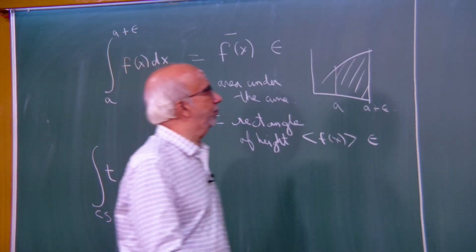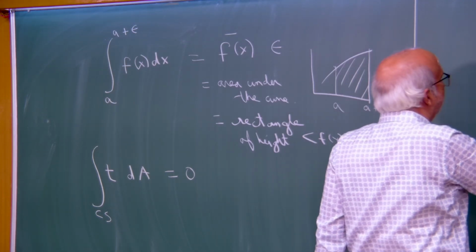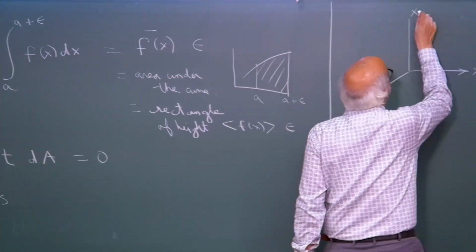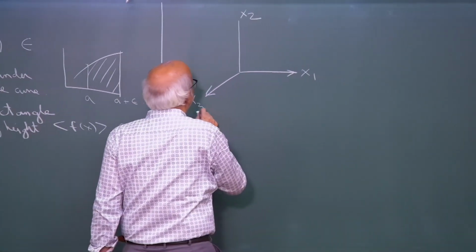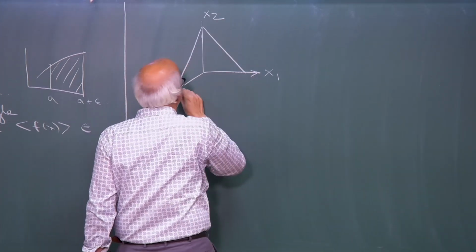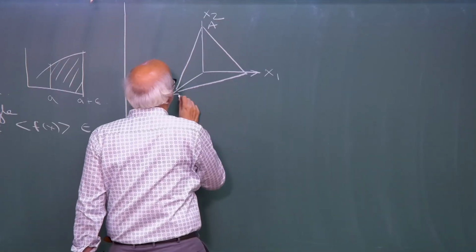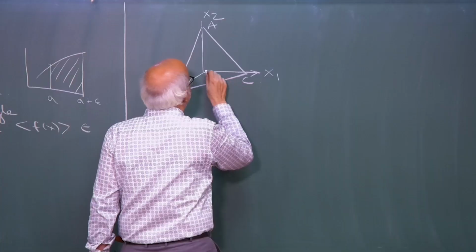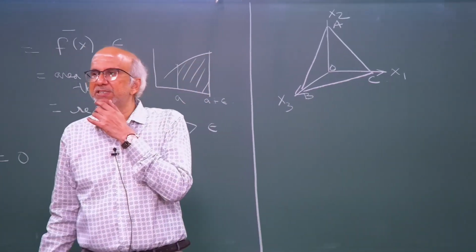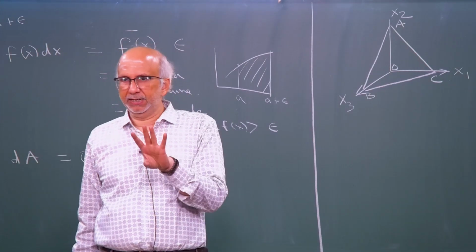In order to be a bit more specific, what I am going to do is take my control volume as a tetrahedron, with axes x1, x2, x3. This is A, B and C, and this is origin O. I have this 3-dimensional space in which I am considering a tetrahedron. A tetrahedron has 4 faces.